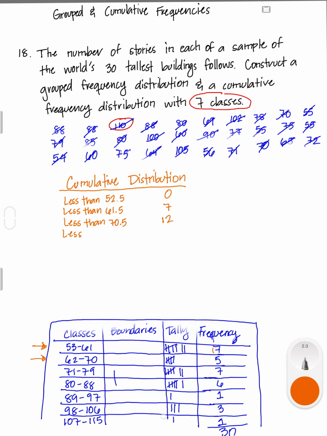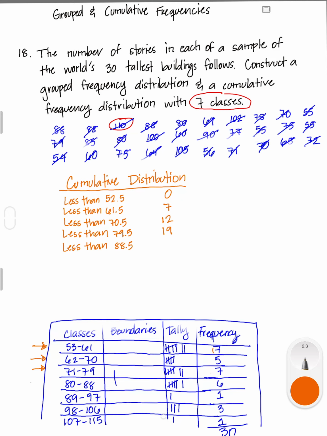And then less than 79.5. So notice how I'm taking the upper boundary. So 79.5. Now that is 7 more, so we add 12 plus 7, which is 19. Then less than 88.5.